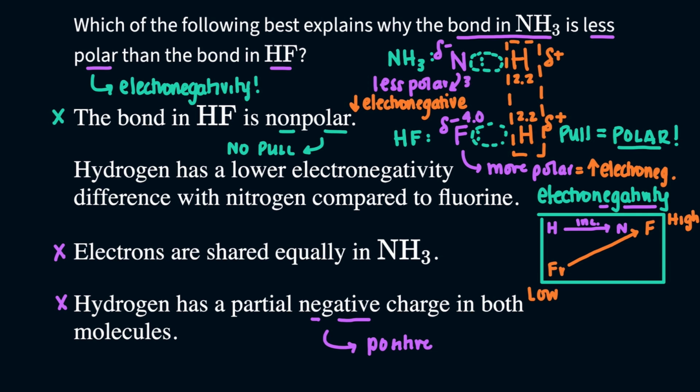Nitrogen by default is like 3.0. If we subtract these two numbers, the HF one is going to be the greater difference. It's literally going to be a higher number than if you subtracted 3 and 2.2. That's what this one's talking about. Hydrogen has a lower electronegativity difference with the nitrogen compound compared to that with the fluorine. And that is the final answer.